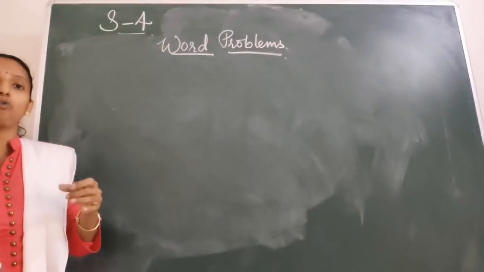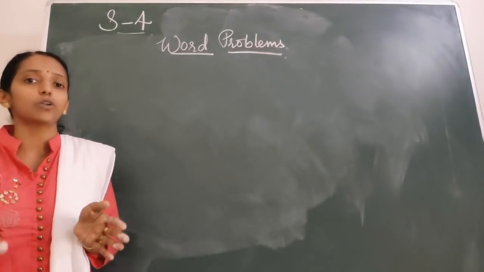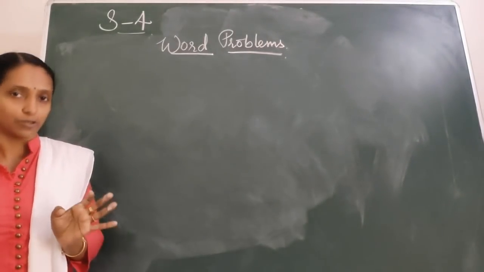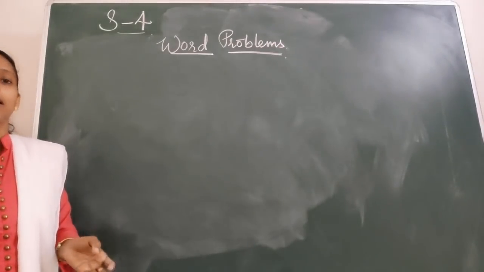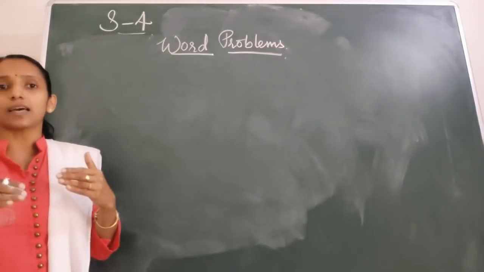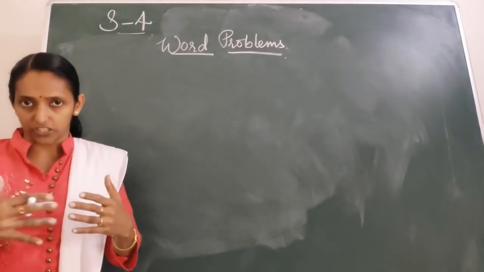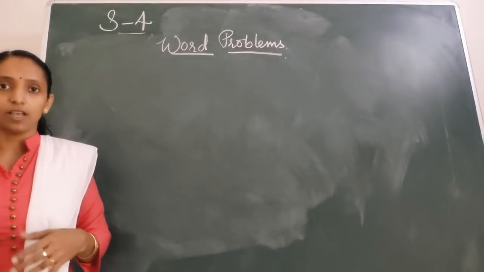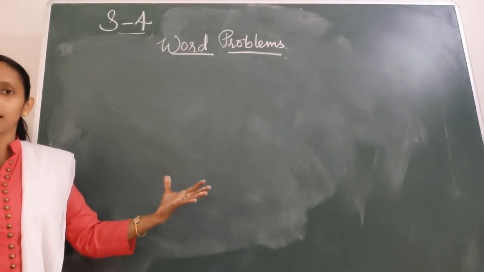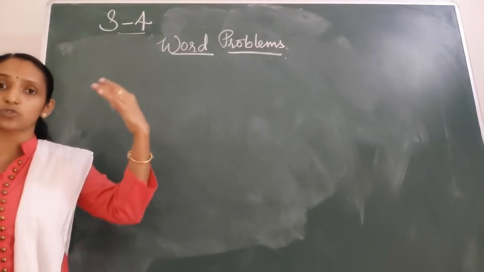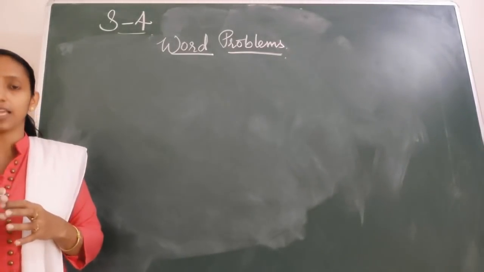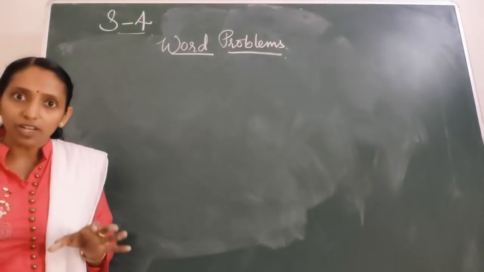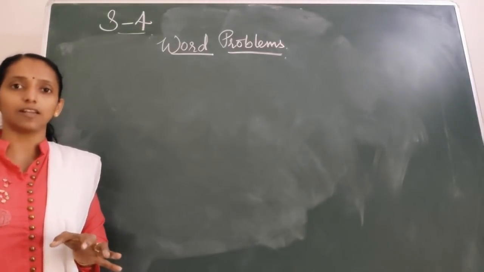We will have one or two unknown quantities given in the question. Either one quantity or two quantities. If two quantities are there, there will be two relations. So the first relation you will connect in terms of one variable, and the second relation you will connect with the same variable. Finally, you will make a quadratic equation.